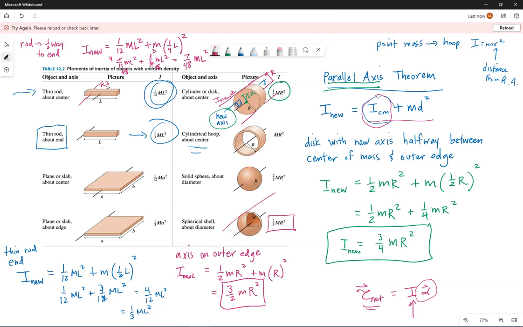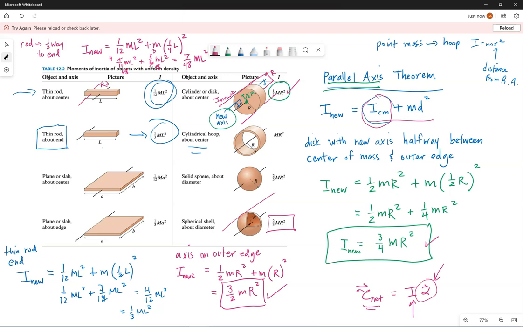So a cylinder is not necessarily going to have the same angular acceleration. I changes based on where the axis is. So we have to take that into account when we're relating the net torque to the motion.